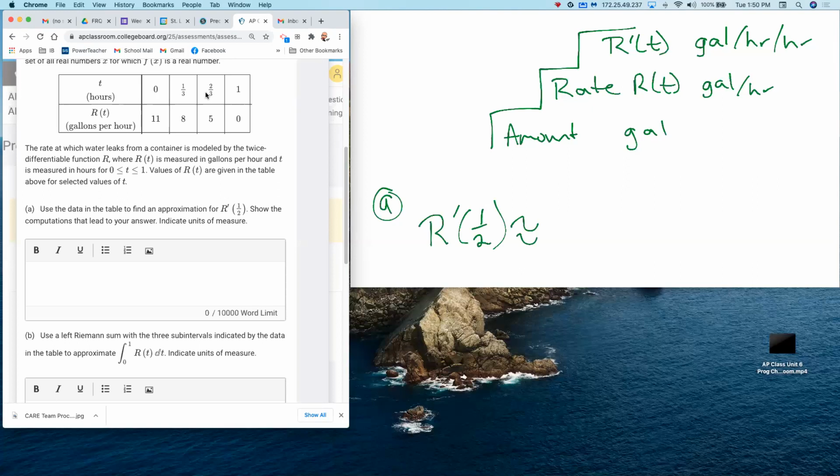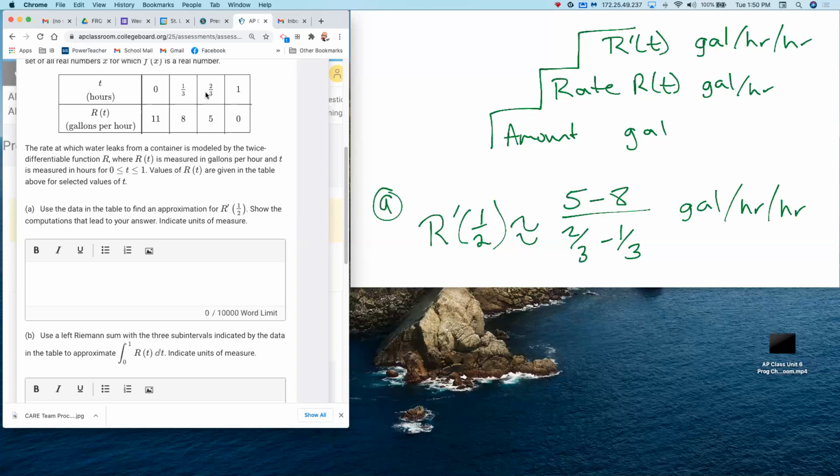And remember, you do the difference in the y's divided by the difference in the x's. And I saw some people do the difference in the x's divided by the difference in the y's. But really what you want to do is 5 minus 8 divided by 2/3 minus 1/3. And that would be in gallons per hour per hour.